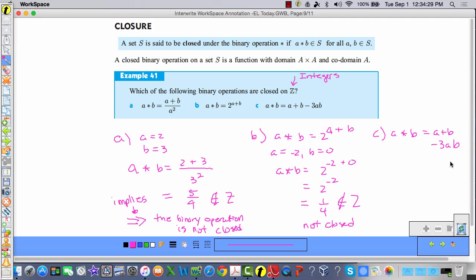There is no counterexample that we can come up with. So all of these are going to be an element of the set of integers. So therefore, the binary operation is closed, because no matter what integer I replace a and b with, I will end up with an integer under this operation. Okay?